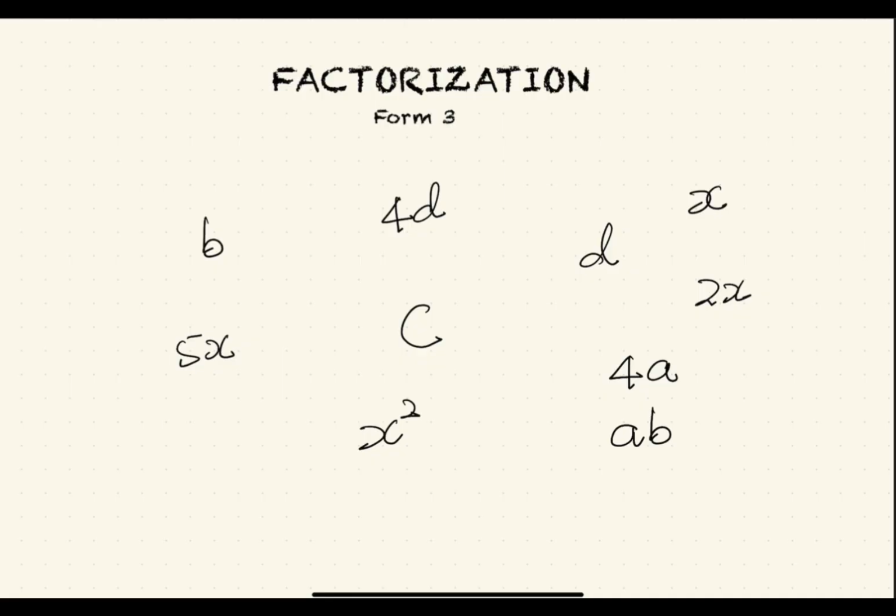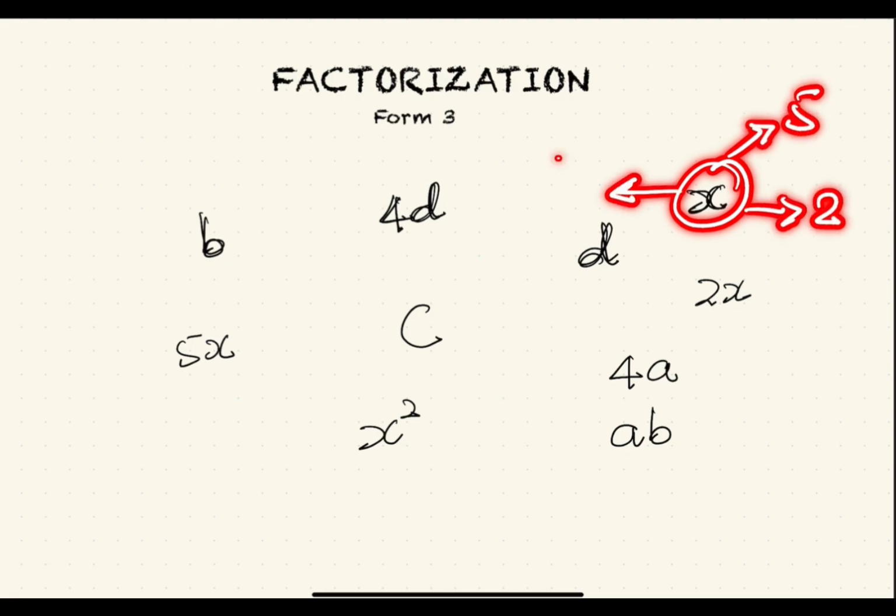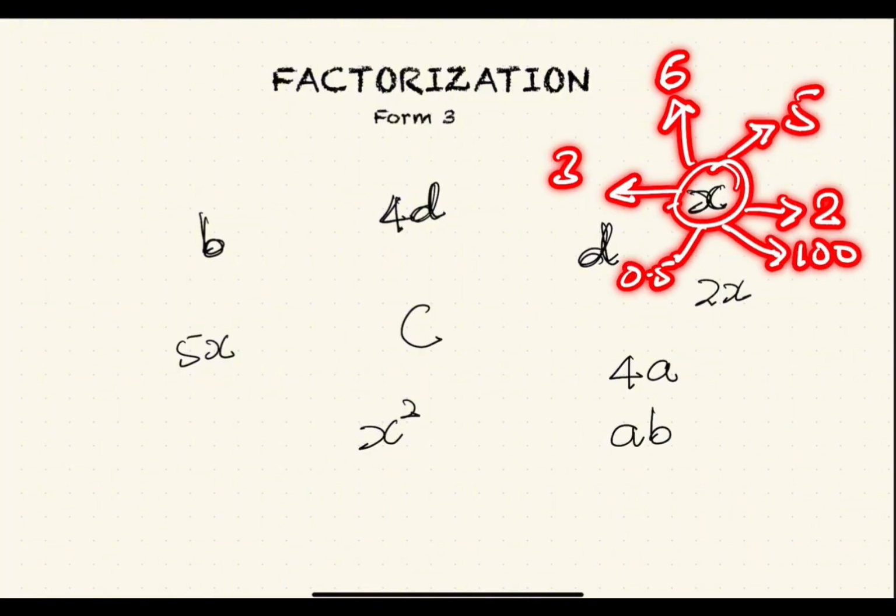So what's that thing that they're expressing? So in this case, these letters in algebra are expressing a number that we don't know. So for example, X in this case, X would be a 5, would be a 2, would be a 3, would be a 6, would be 100, it would be a 0.5, it would be a half, it would be a 0.29. It can be anything.